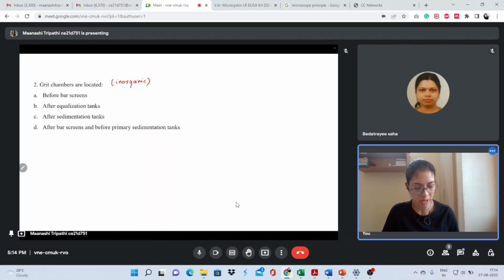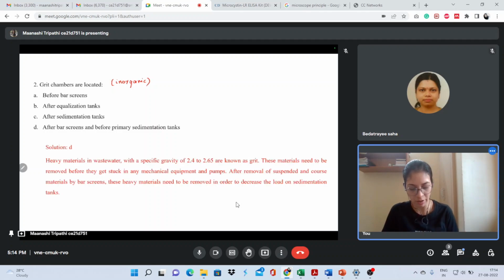Okay, we will see the answer. The answer is after the bar screen and before the primary sedimentation tank. We have seen our nalas, and we have seen that there is lots of water as well as big particles. So first of all, we will separate these big particles from our water.